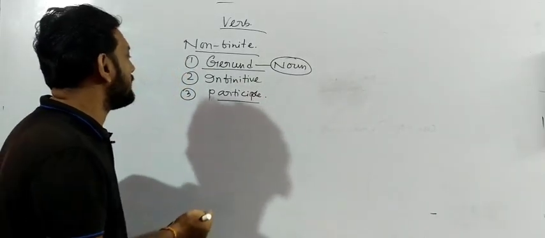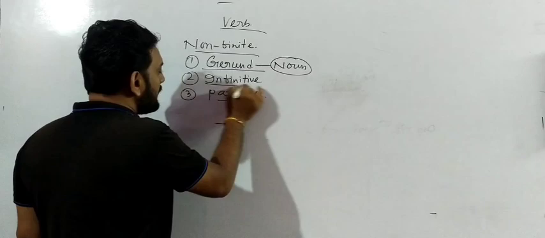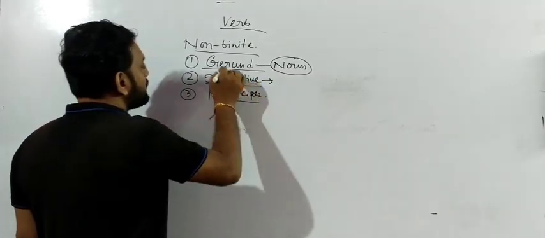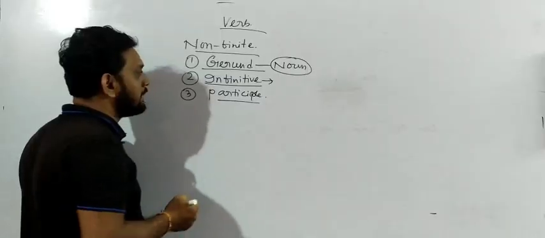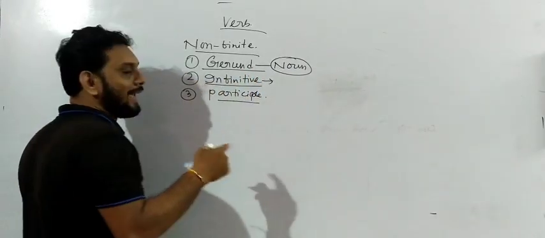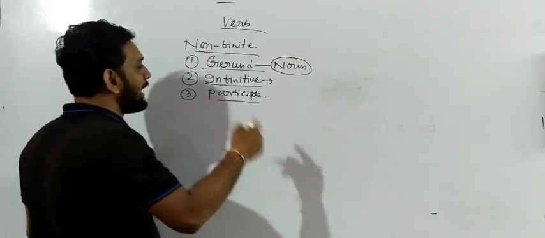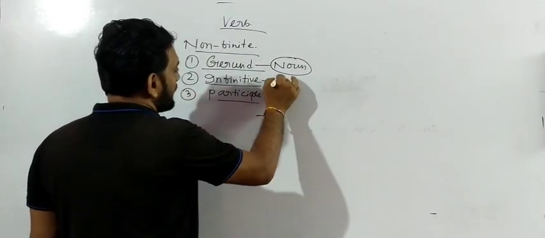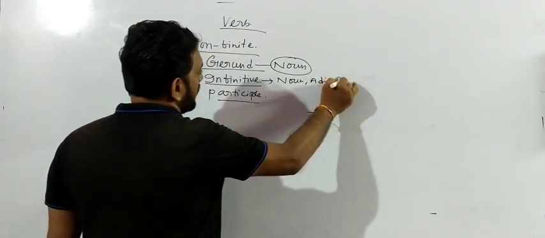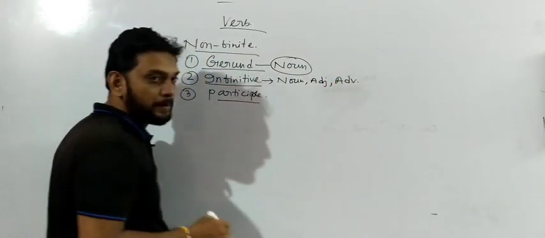Let me give an example. And here I have written what? Infinitive. Infinitive is also part of verb. Yes or no? Part of verb, but it never acts as a verb. It always acts as either a noun, adjective or adverb. Got my point?